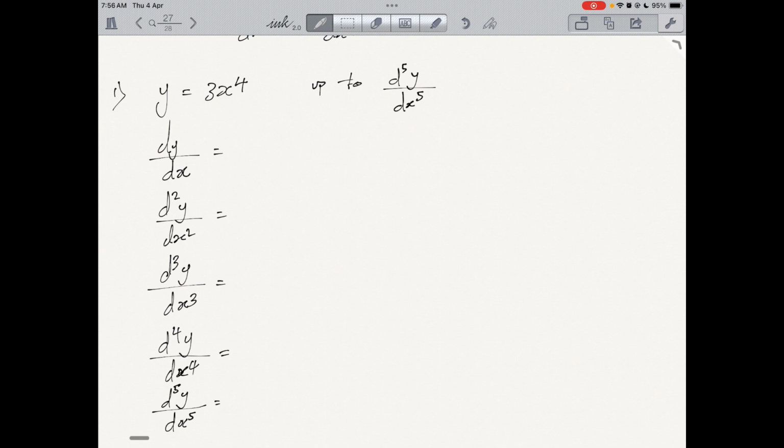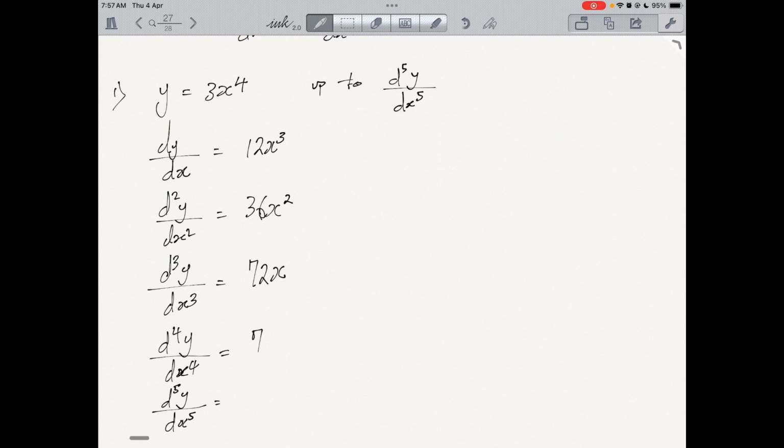So if we differentiate 3x raised to power 4, we are going to have 12x raised to power 3. If we differentiate 12x raised to power 3 again, we are going to have 36x raised to power 2. Differentiating 36x squared, we are going to have 72x.